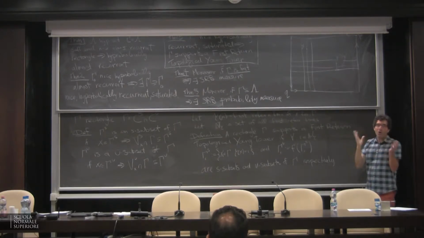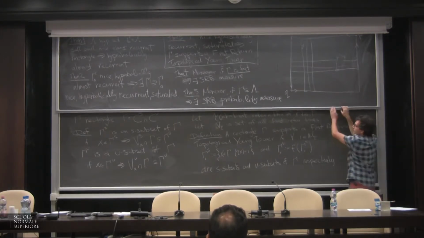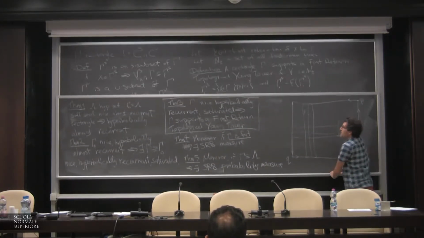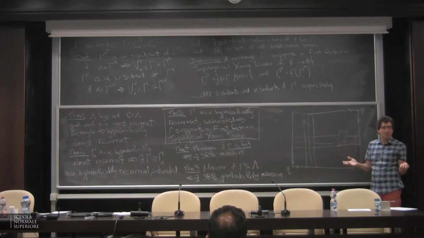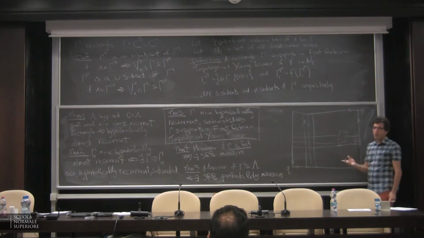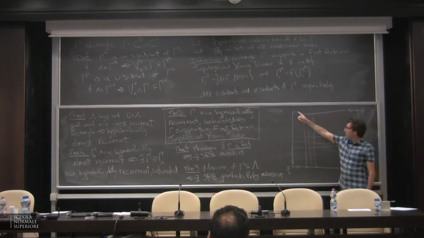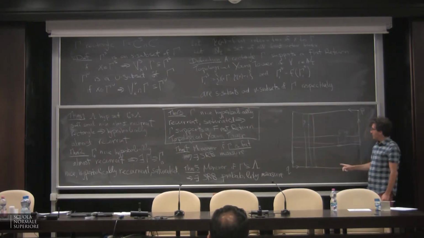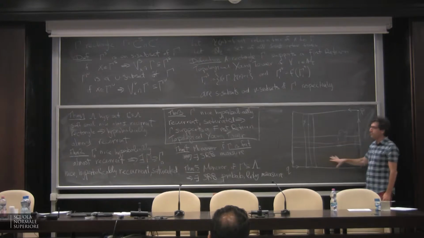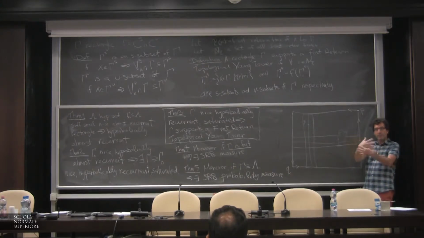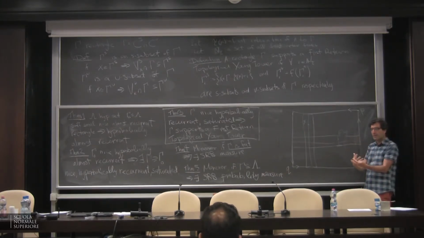If you had an Anosov diffeomorphism, all these definitions work very well, and that case is very familiar. It's much simpler because every point belongs to a stable and unstable leaf. The whole domain is completely filled. We have a foliation of stable and unstable leaves.